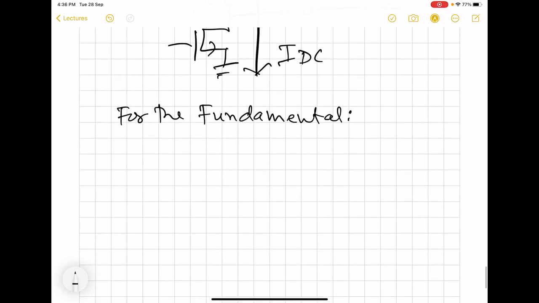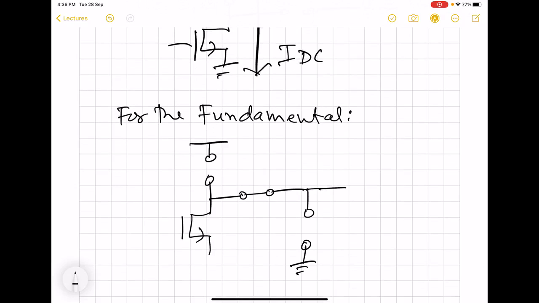For the fundamental, RFC acts as open circuit, blocking capacitor acts as short circuit, and parallel LC acts as open circuit because YLC is 0 implies that ZLC is infinite.